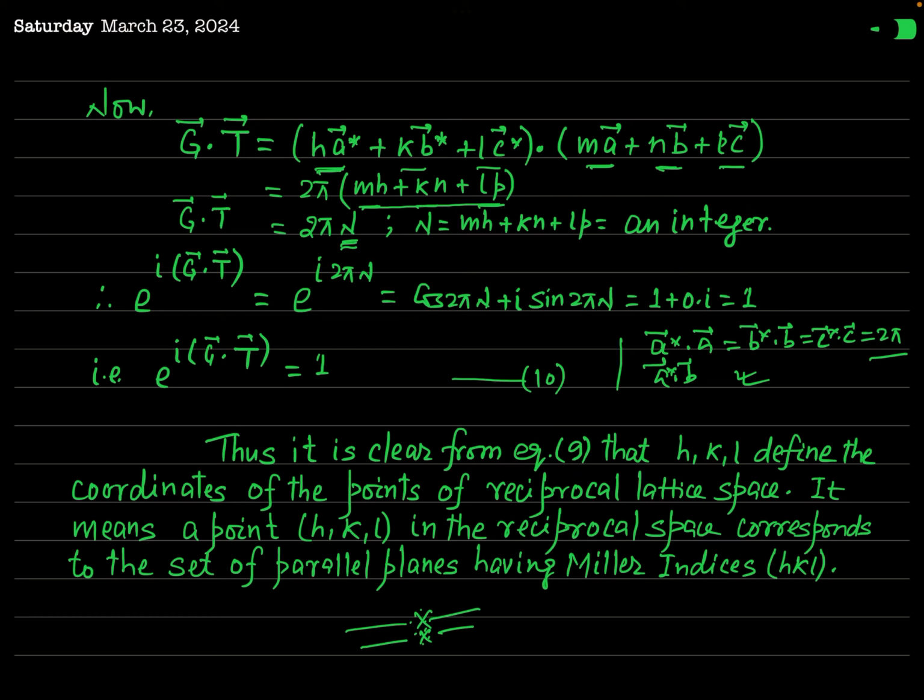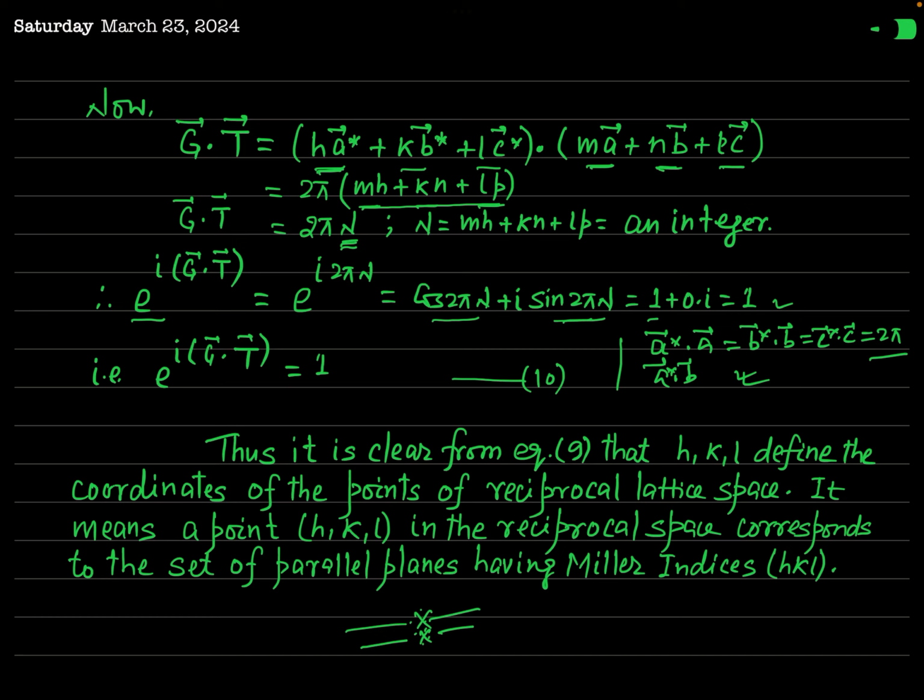Now let us find a plane wave. You know, e to the power i k dot r is called a plane wave, and so e to the power i G dot T, what will be this? You can see this is e to the power i 2 pi n. And you know, e to the power i 2 pi n will be cos 2 pi n plus i sin 2 pi n. But cos 2 pi n is equal to 1, and sin 2 pi n is equal to 0.